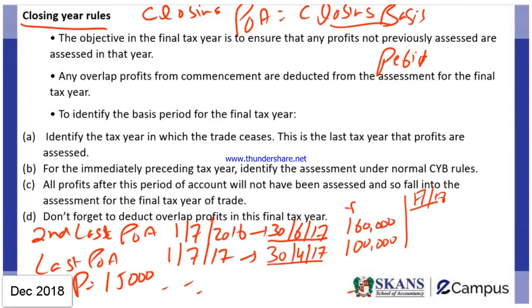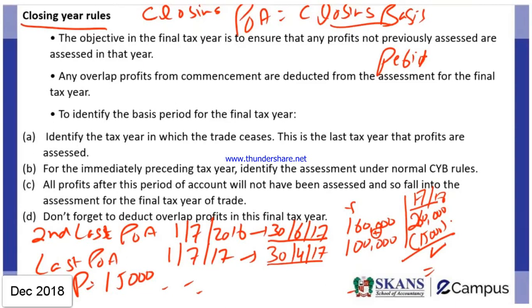The second last period of account profit, which is 1,60,000, and the last period of account profit, which is 1 lakh, both profits are assessed in the same tax year, which is 17-18. So you add up both profits, and 2,60,000 profit is assessed in 17-18 by deducting 15,000 overlap profit, and this is the final answer. This is the assessable trading income in the final period of account, and both dates come in one tax year.